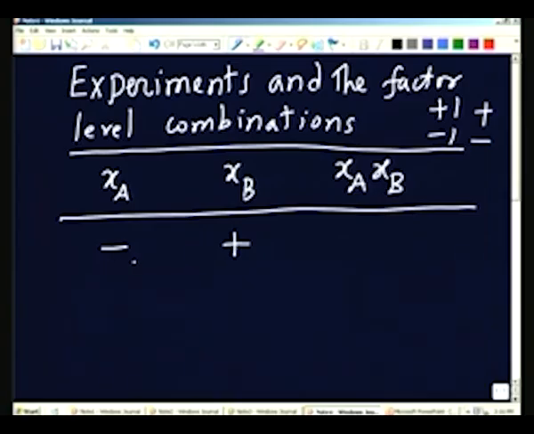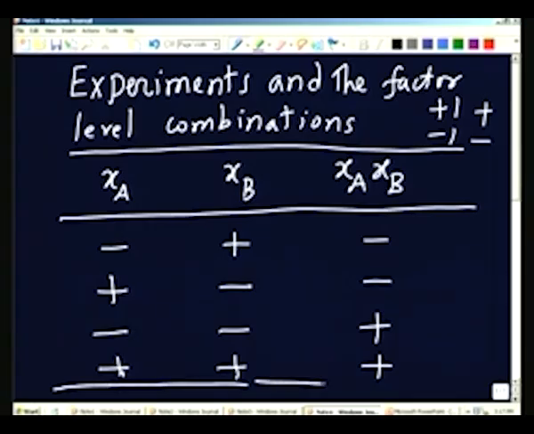That means this is -1, this is +1. This low value, this high value. I can take plus here, minus here. I can take minus here, minus here. I can take both positive. So, xA xB will be simply the product of these two. Minus into plus is minus, plus into minus is also minus, minus into minus is plus, and plus into plus is plus.